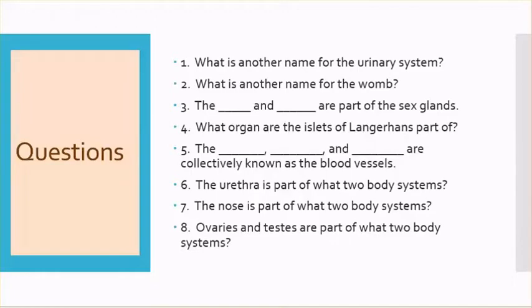Number 3. The blank and blank are part of the sex glands. Number 4. What organ are the islets of Langerhans part of?